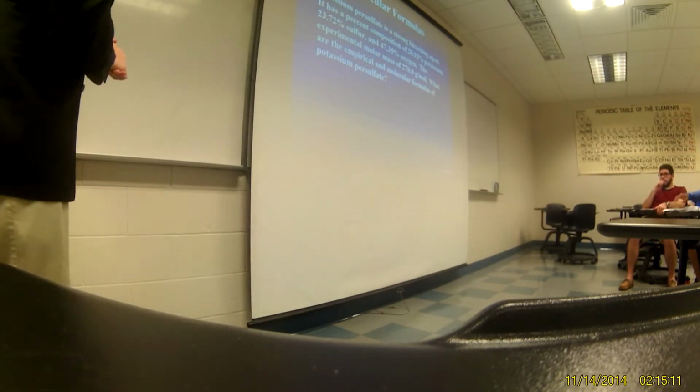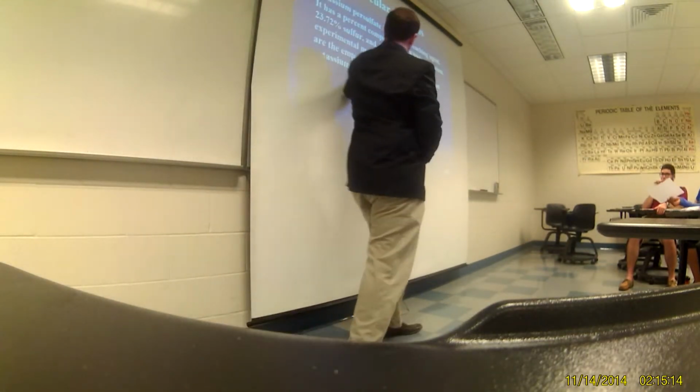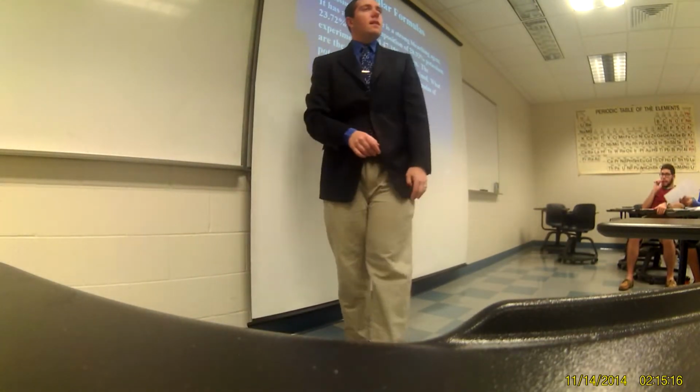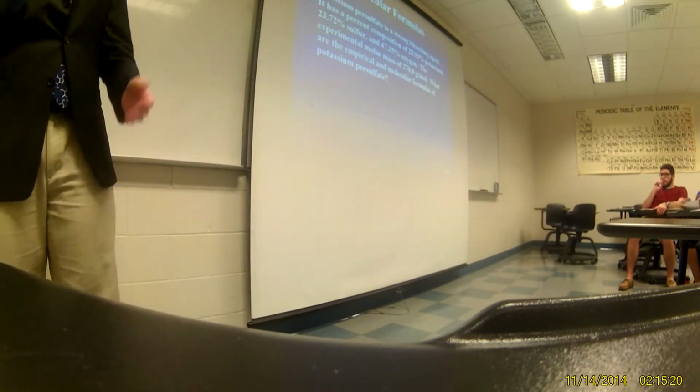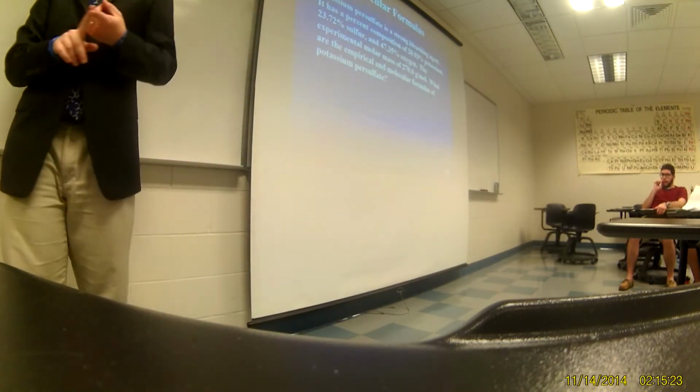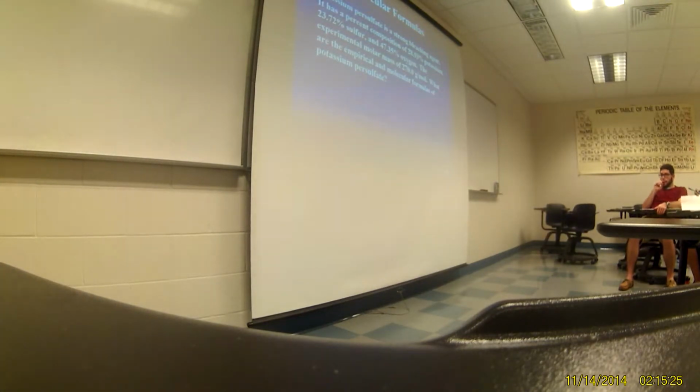So all we have are percentages. We're also given the experimental molar mass. Remember, that is for the molecular formula. So we have to find our empirical formula. So I'm going to take my percentages and turn them into grams.